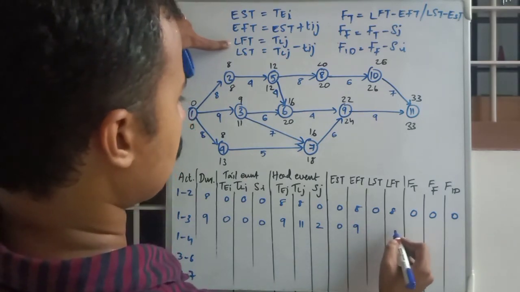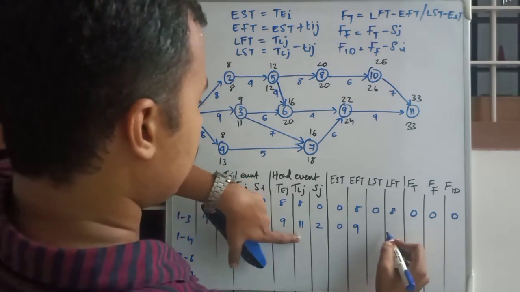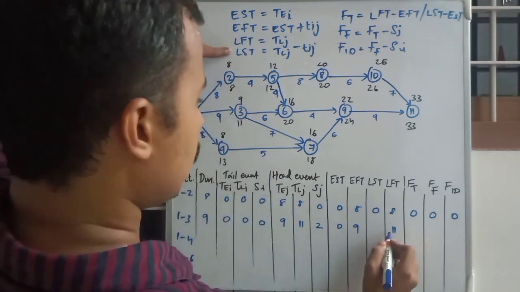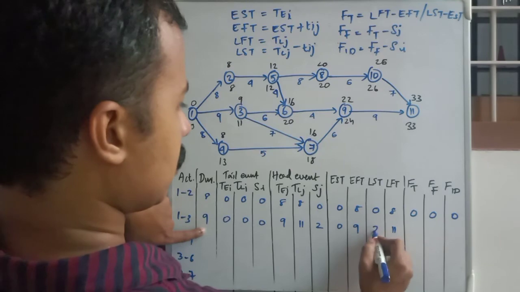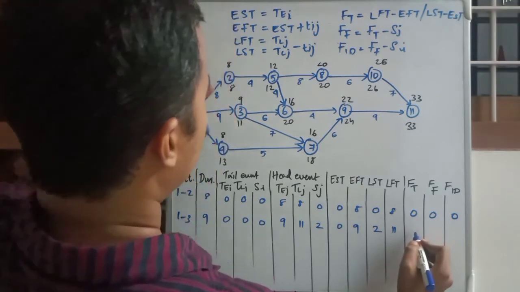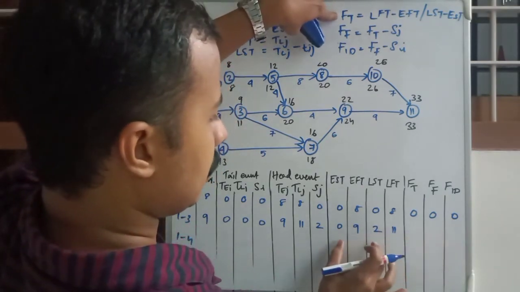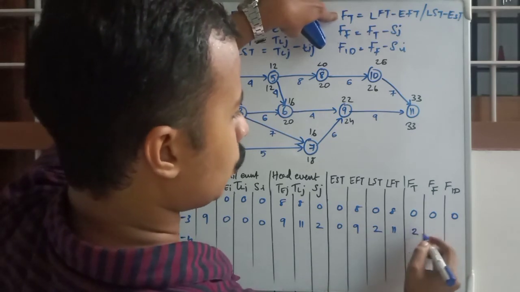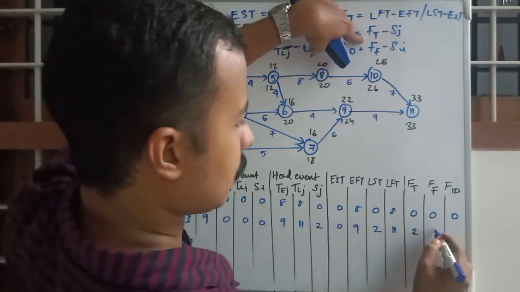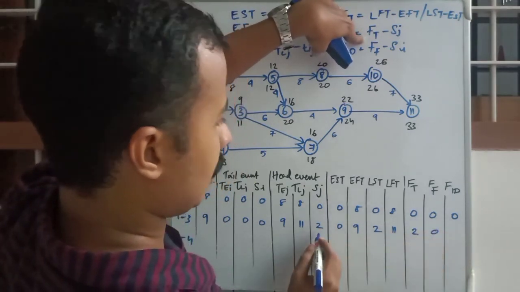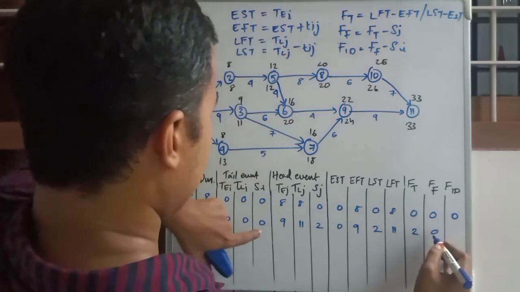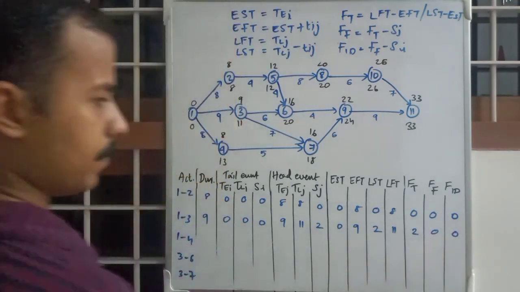LFT is the head event value, that is 11. LST is 11 minus 9, that is 2. Then TF is the difference between these two, that will be 2. Free float is TF minus SJ, that is 2 minus 2, that is 0. And FID is FF minus SI, that is 0 minus 0, 0.